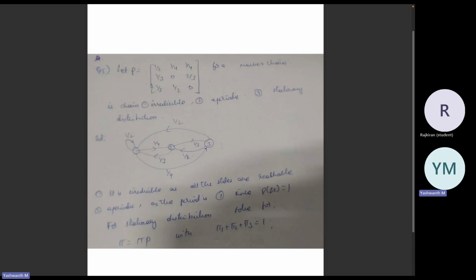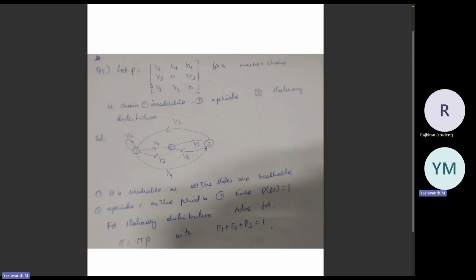It is also irreducible, because you can communicate from any state to any other state. From 1 you can go to 2 and 3, from 2 you can go to 3 and 1, and from 3 you can go to 1 and 2.